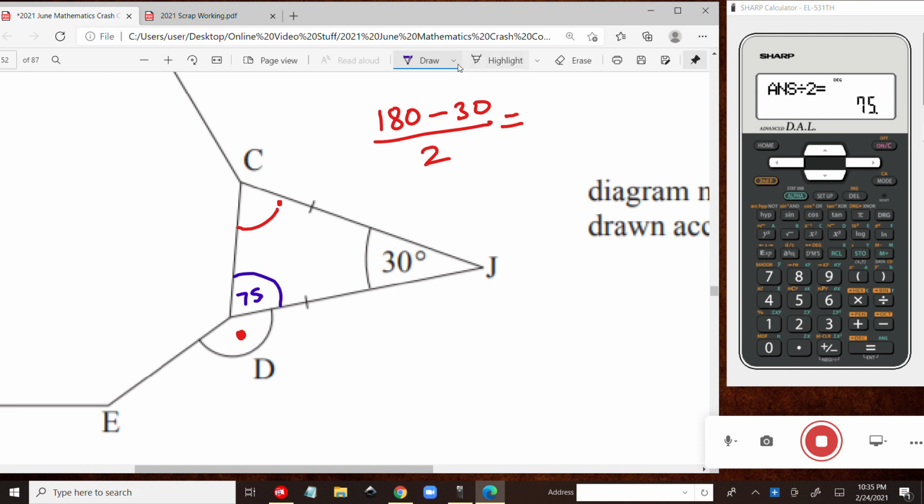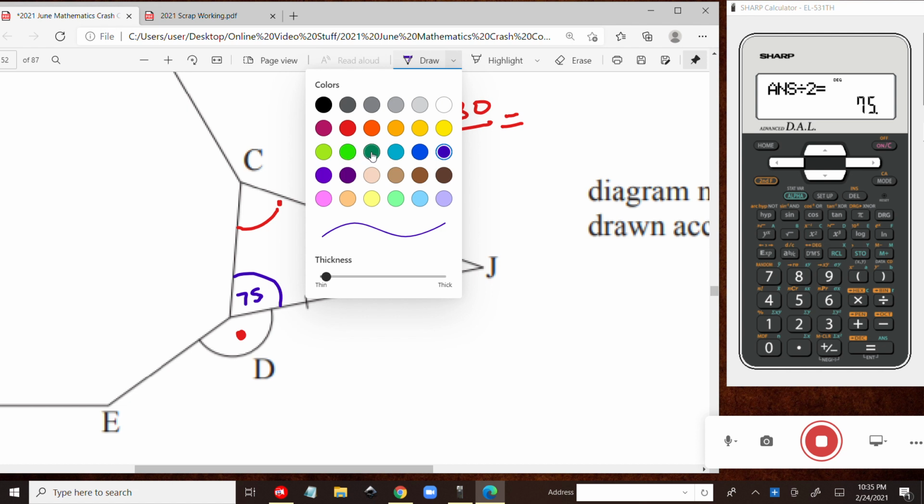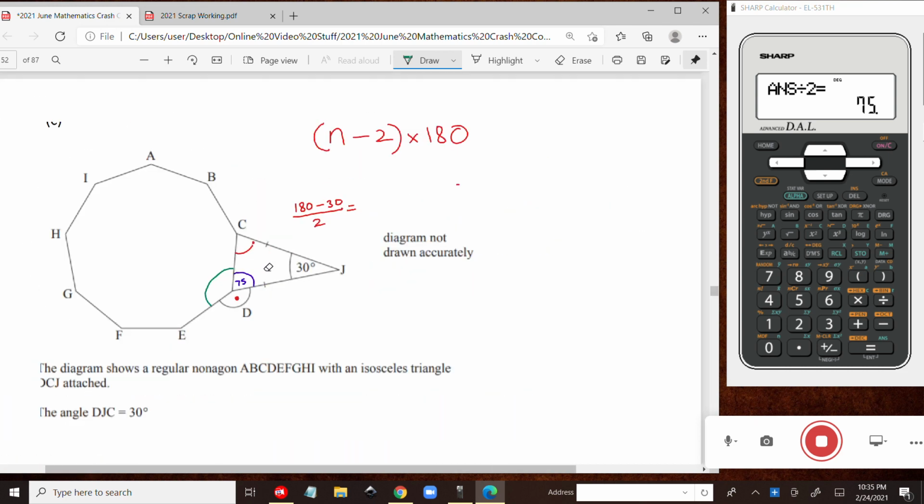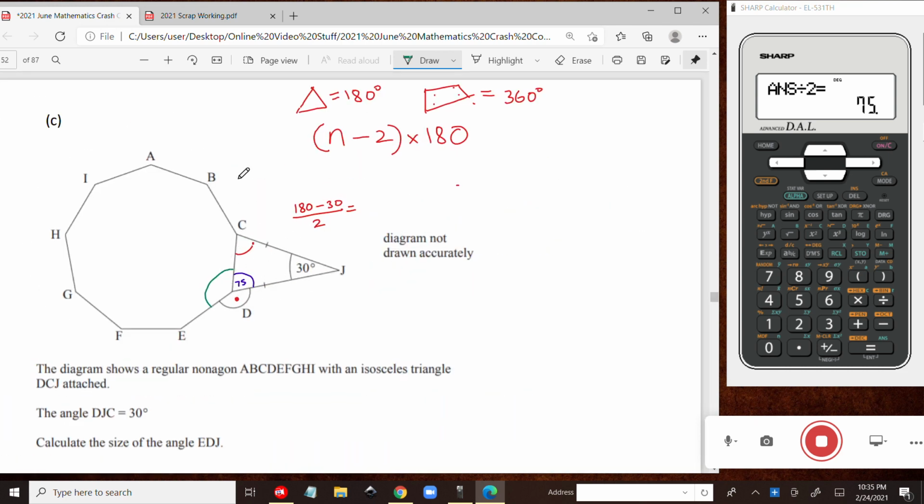I suggest now that we find this green angle here. After we find this green angle, we will be able to find the one with the dot, the one that the question wants us to find. So how do we do that? I want you to pay attention to the bigger shape.